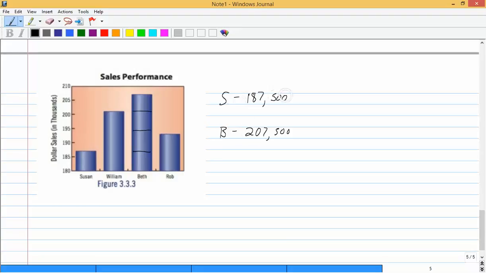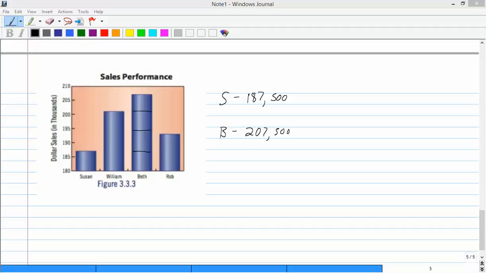If she did, this number would be a lot bigger. It'd be 500 and something, or 600, 700 something, I don't know. Do the math, you can figure it out. And she definitely didn't sell that much more. So sometimes bar graphs can be a little tricky, especially if you don't pay close attention to what's being given in the bar chart.